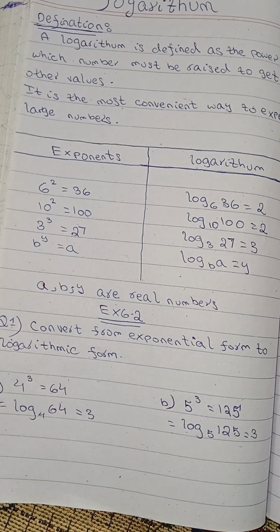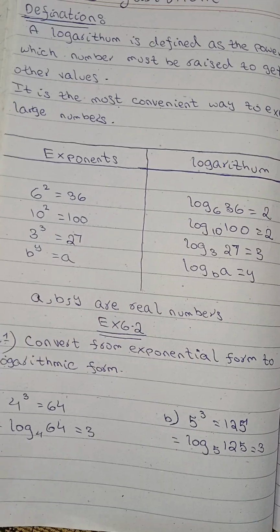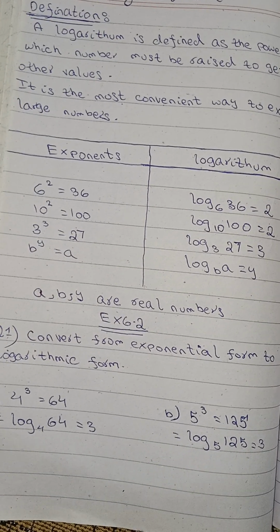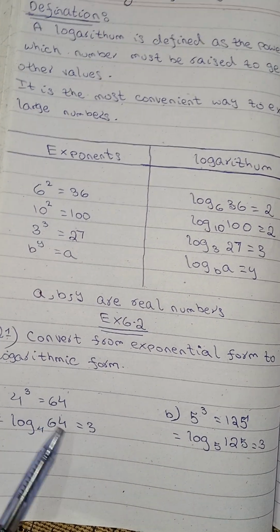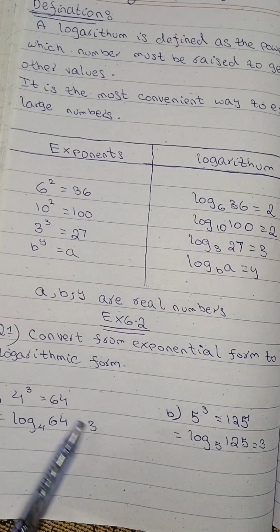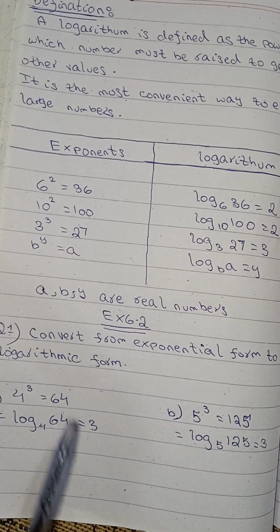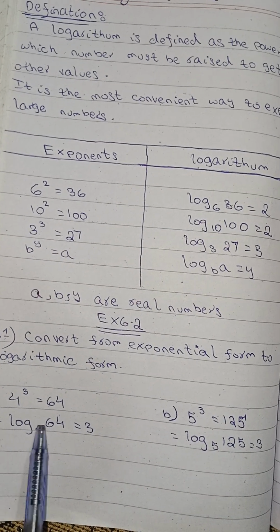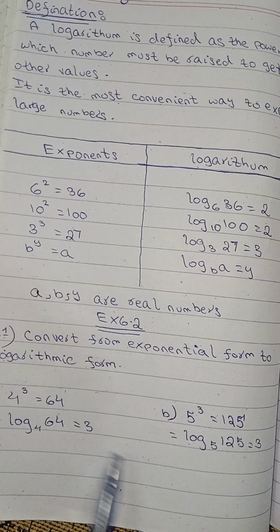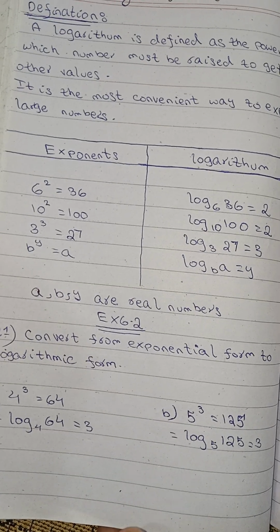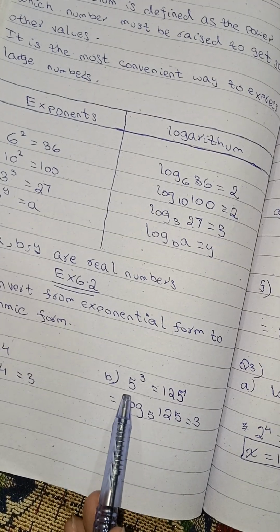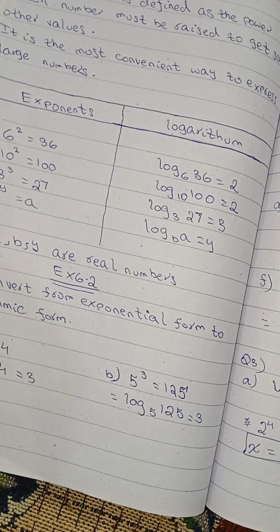So question number 1, part A says 4 cube equal to 64. We will write in the logarithmic form: log 4 64 equal to 3. Moving on to the second part of this question, 5 cube equal to 125.